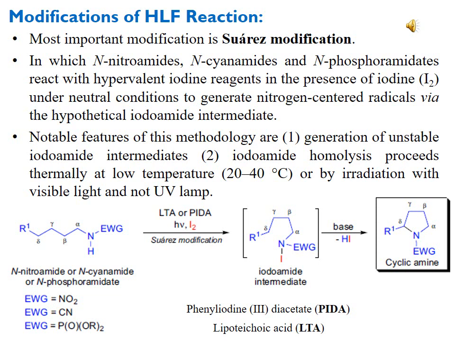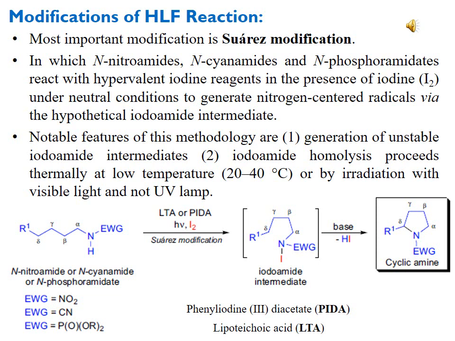The first step is a difference from the basic mechanism. The second step and the next steps are similar to what we described for the basic HLF reaction, and we get the final product in which a pyrrolidine ring is created.